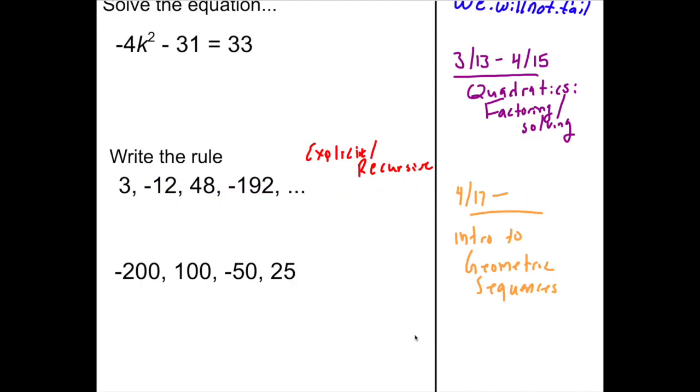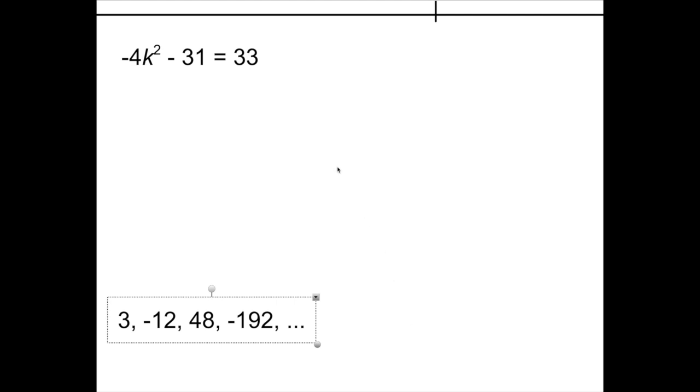Okay, so moving on down, start with this. Negative 4k squared minus 31 is 33. So first step here, I'm going to think about this one. We have two methods here, factoring and square roots.